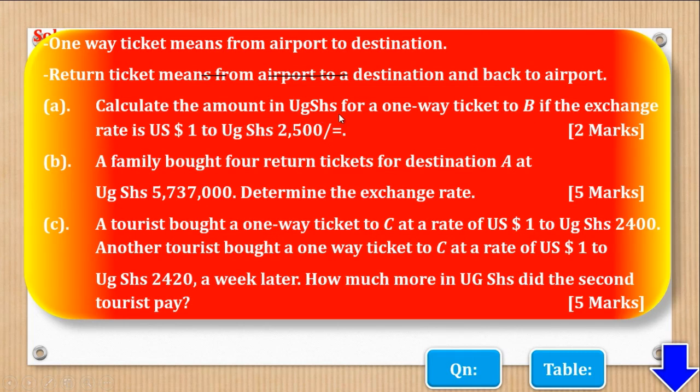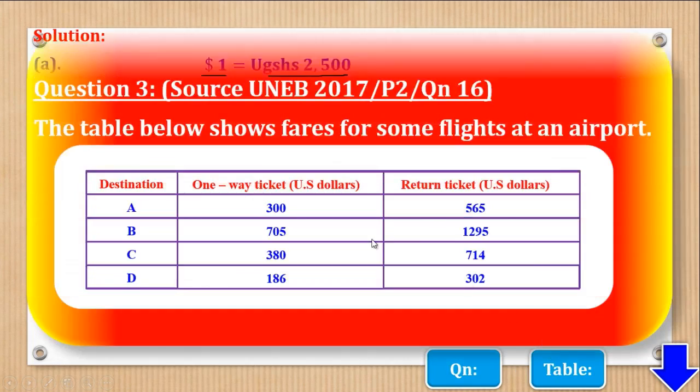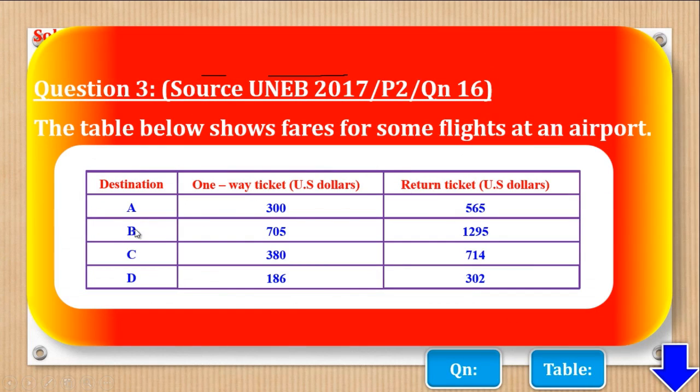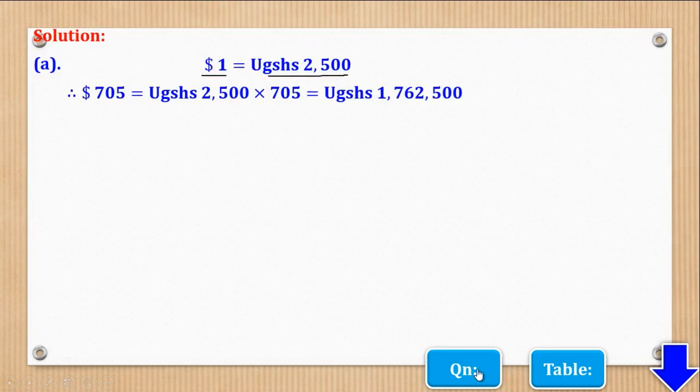Therefore you come and say that first of all, they want the amount in Uganda shillings for a one-way ticket to B if the exchange rate is this. So the one-way ticket to B will be got from the table, and the table told us that the one-way ticket for B is $705. So what we need is to convert the $705 to Ugandan shillings.